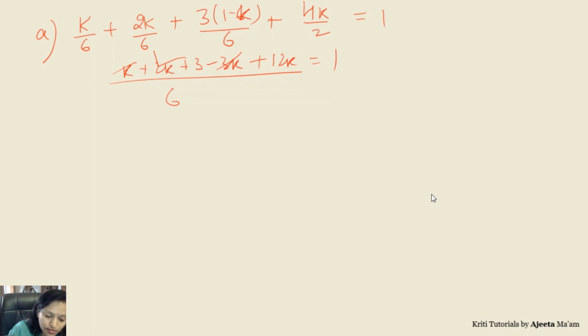So now what will be the answer? The answer for k will be 6 minus 3. So k is 1 by 4. So that's your A part.